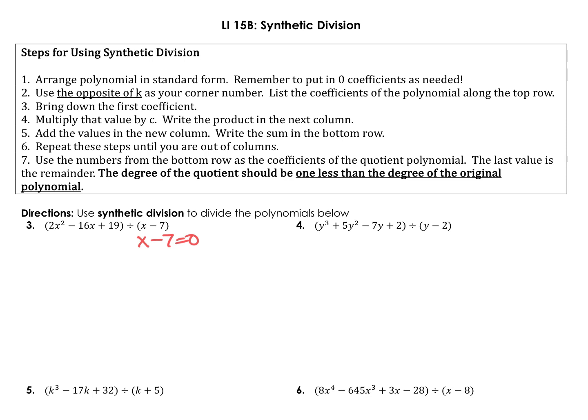So instead of saying x, I'll say k, so k is 7, and that's what we're going to put on the outside here. Then we're going to use these coefficients 2, negative 16, and 19 here.